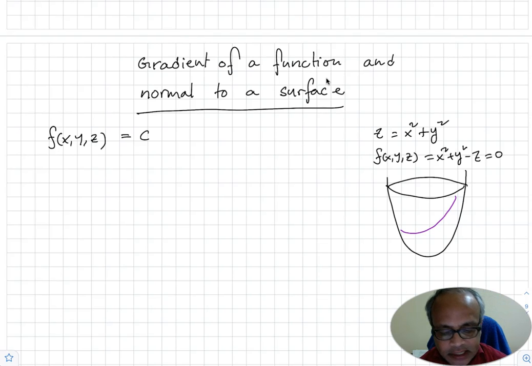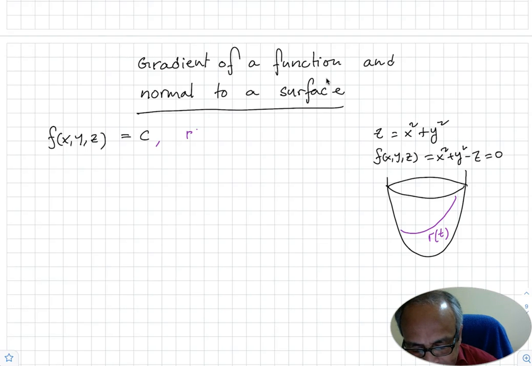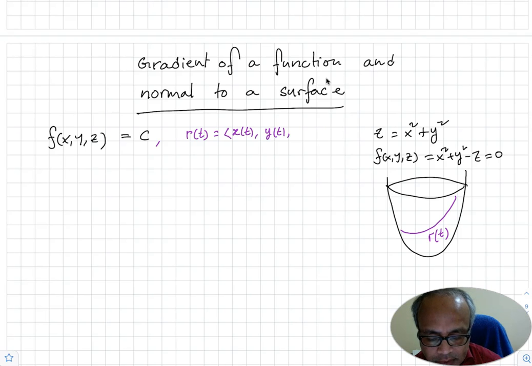This curve can be parameterized by r of t. If I have a curve that is parameterized by r of t, I can generally express that as x of t, y of t, z of t.